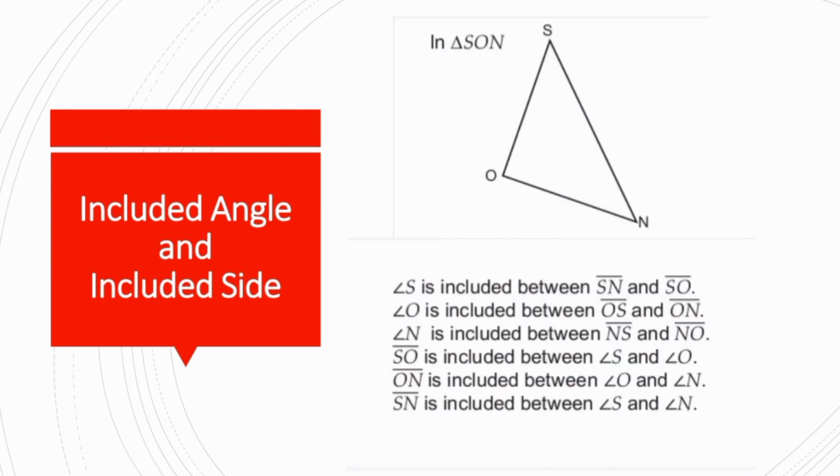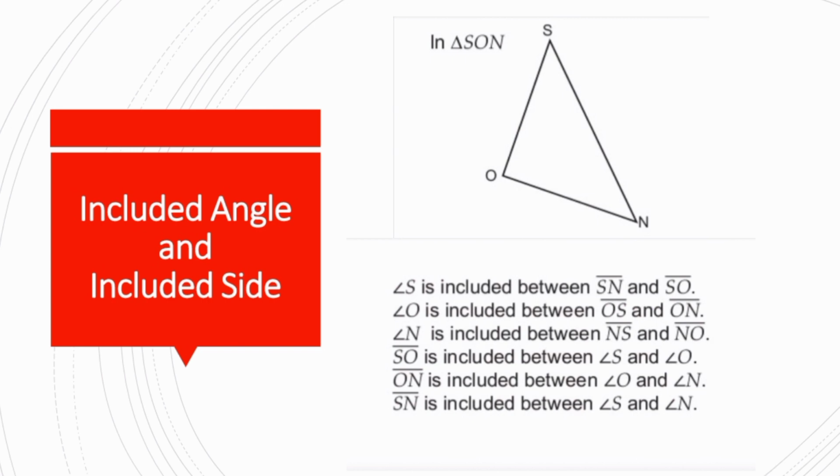Let's have another example. Here is triangle SON. Angle S is the included angle between line segment SN and line segment SO. Angle O is the included angle between line segment OS and line segment ON.